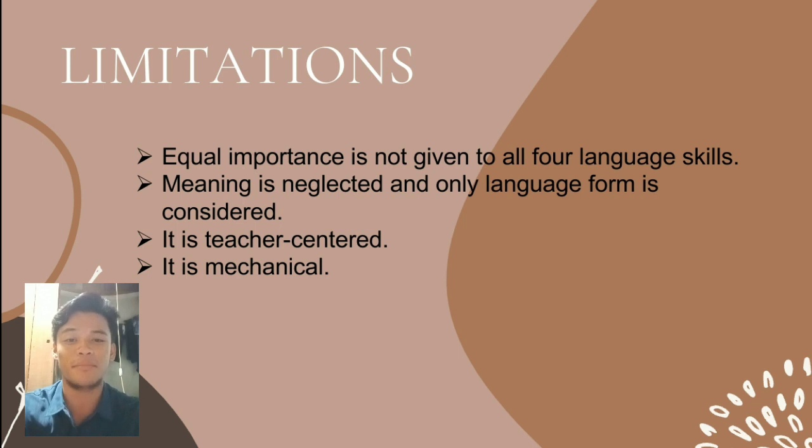The reason is that the audiolingual method only focuses on 2 language skills, namely listening and speaking, and it doesn't focus on reading and writing. Those are the 4 language skills: speaking, listening, reading, and writing.